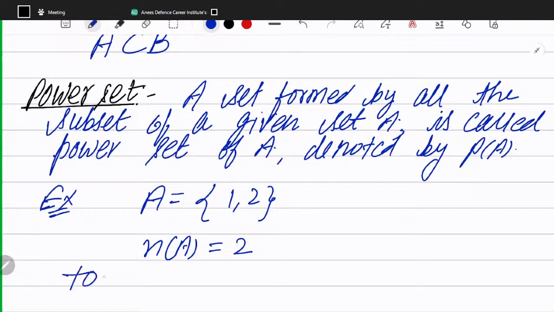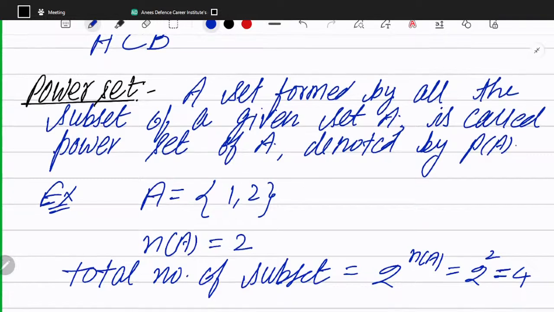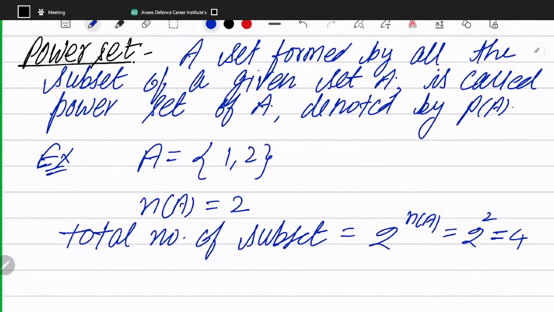Total number of subsets is 2 to the power NA. This is the formula: 2 to the power 2, that is 4. That means the total number of subsets is 4.